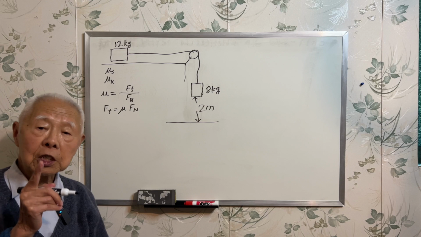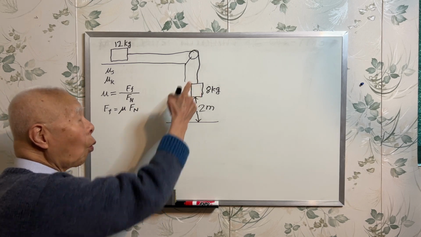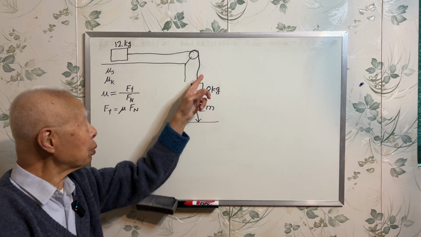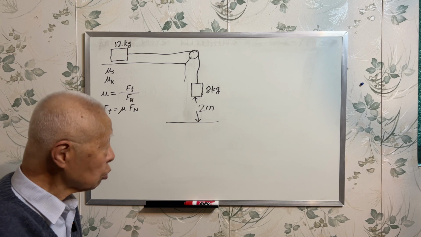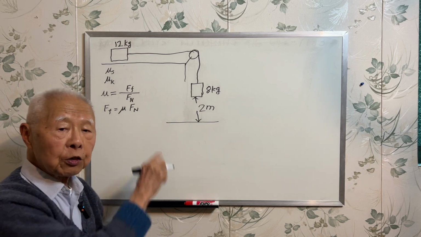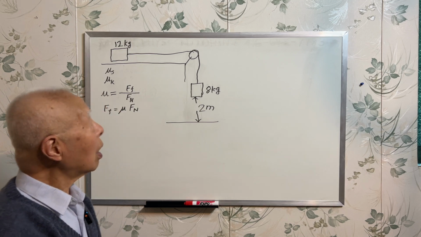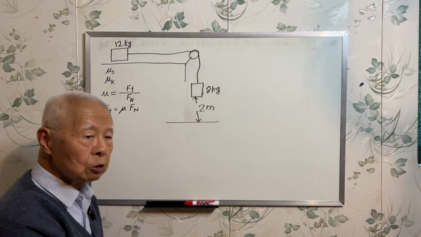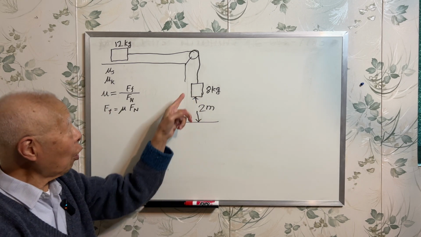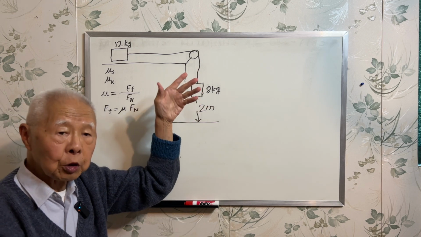If everything is not moving, what is the force of the rope? This we call tension. So what is the tension if nothing moves? If this is not moving, then the force of gravity and the tension should balance each other.